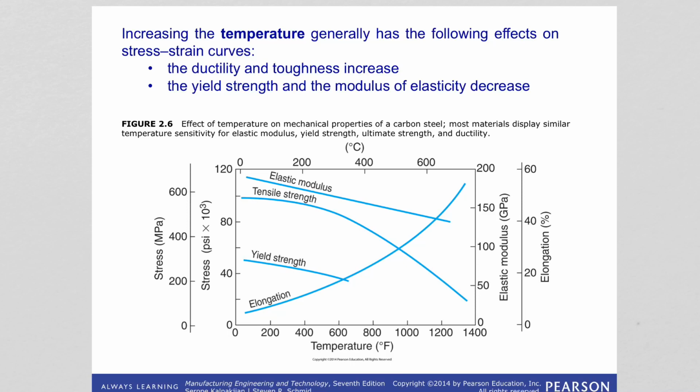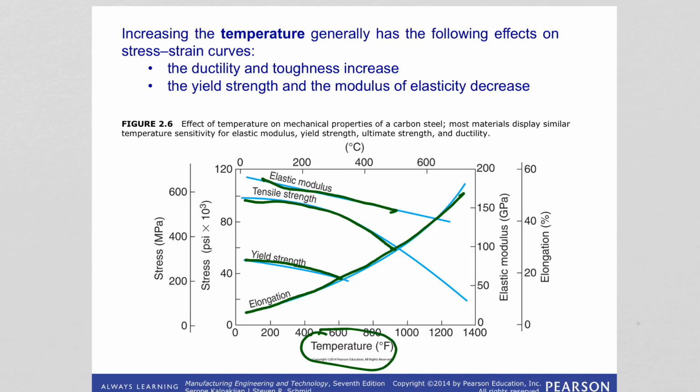What about the effects of temperature on the stress strain curve? It has two effects. The ductility and toughness increase. Ductility, of course, is percent elongation, and toughness increases. Yield strength and tensile strength decrease, and elastic modulus also decreases when we increase the temperature.